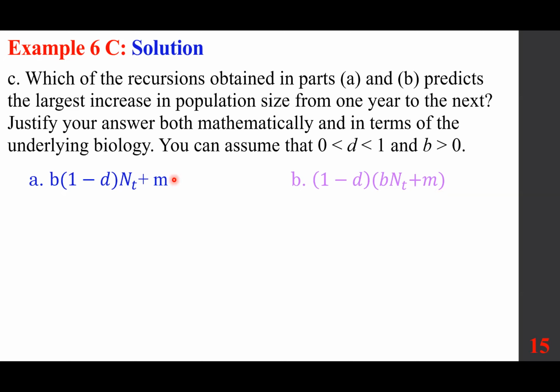In the first case, as they go upstream, the predation takes place. Then they have B offspring coming down and we add M.